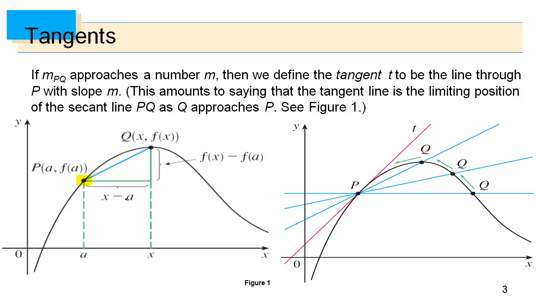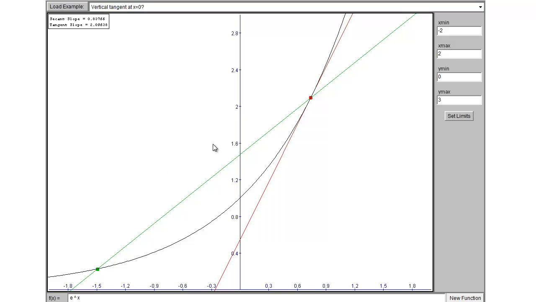Here's an illustration to remind us. So here's the point P on the function. This red line is the tangent line. You can see the slope of the tangent line up here is a little bit bigger than 2. Here's our secant line in green. We have this point here.